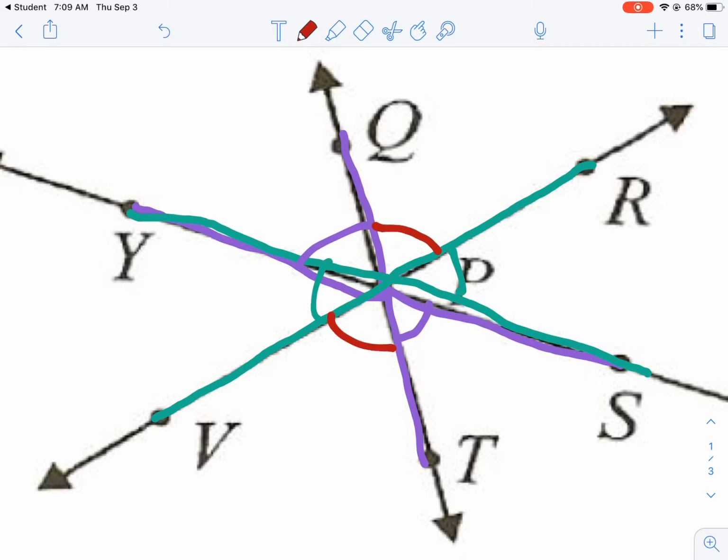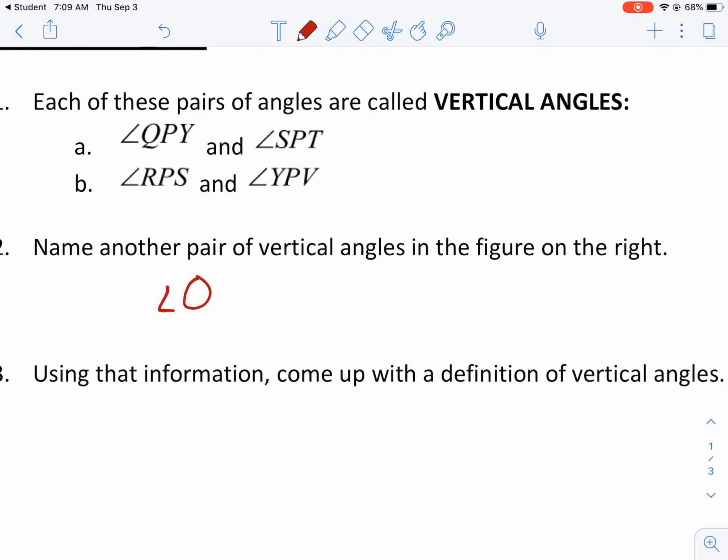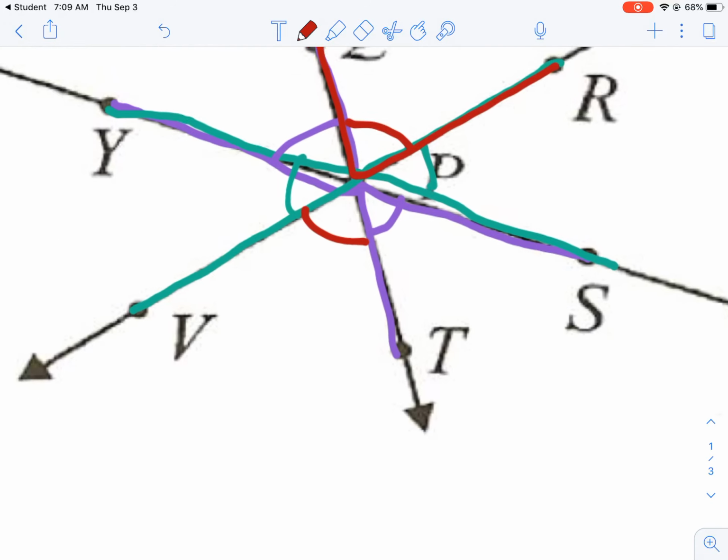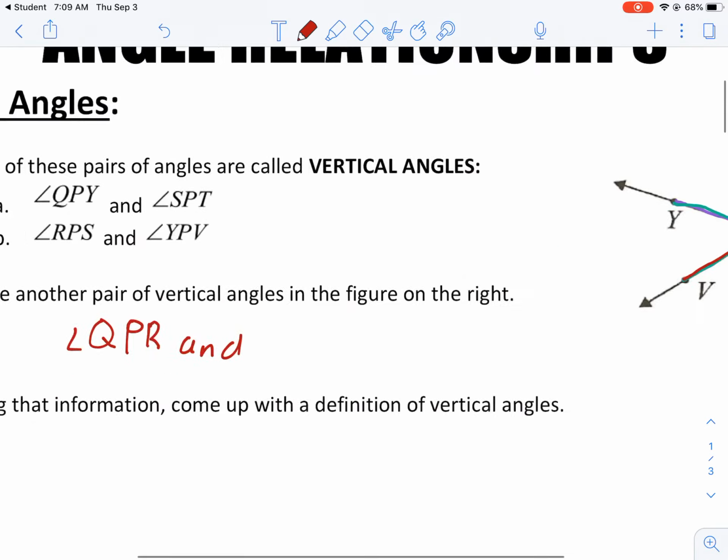So I would guess that those two angles are also vertical angles. That would be QPR and this one would be TPV.